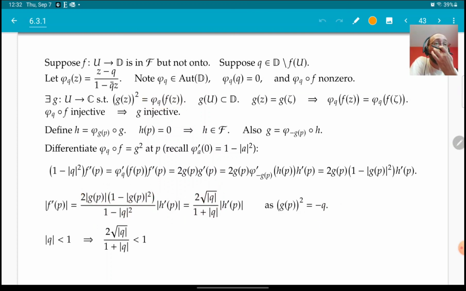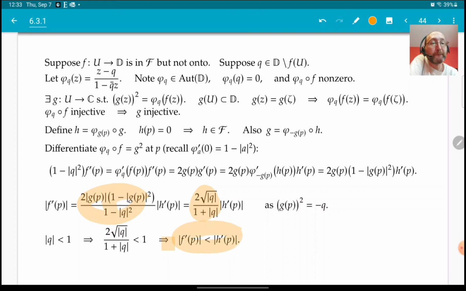But q is something in the disk, so mod q is less than 1. And then it takes a little bit of calculus to show that if mod q is less than 1, then this thing is also strictly less than 1. So I'll let you work it out, that's elementary calculus. And so the point is I'm multiplying by something less than 1 to go from h prime at p to f prime at p.